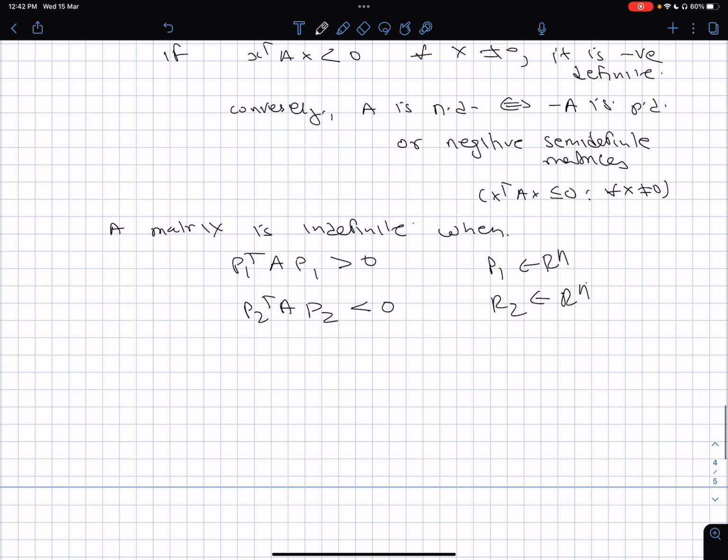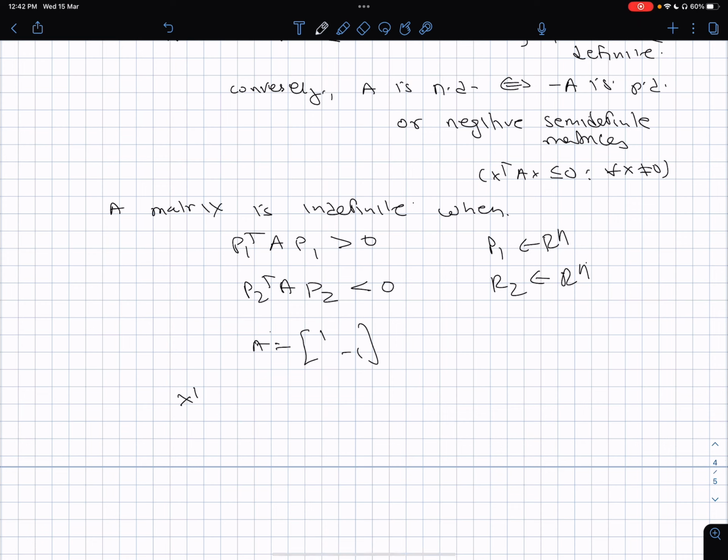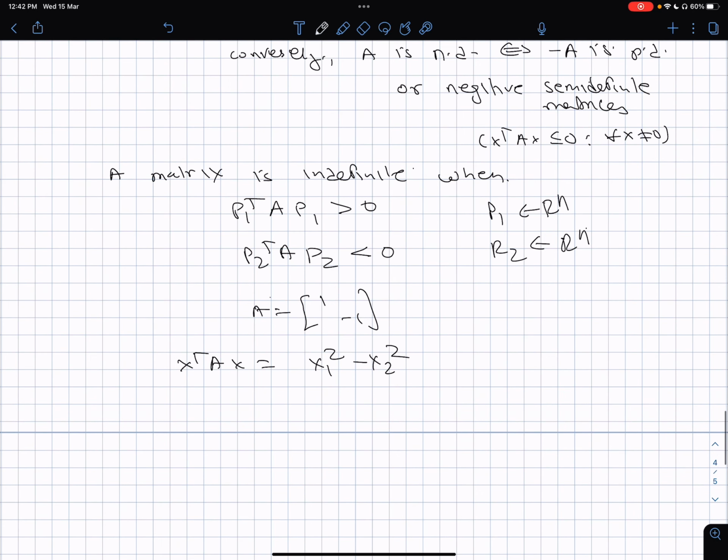For example, take A to be the matrix with diagonal entries 1 and minus 1. So x transpose Ax is going to be equal to x1 square minus x2 square.